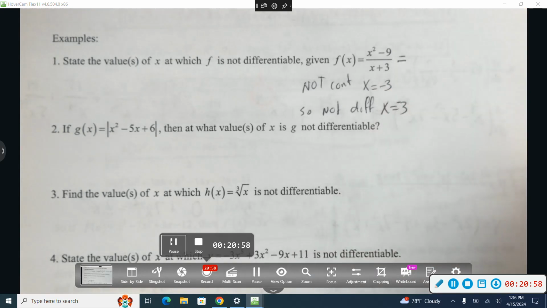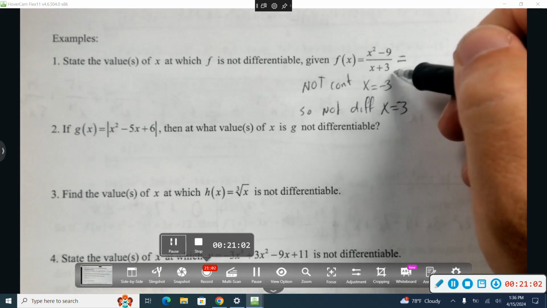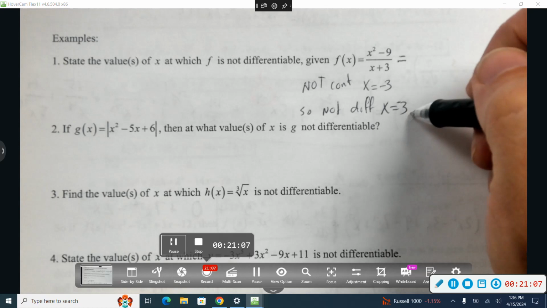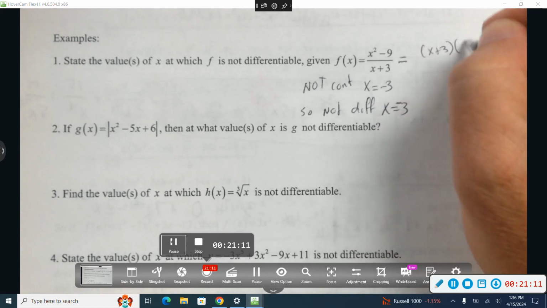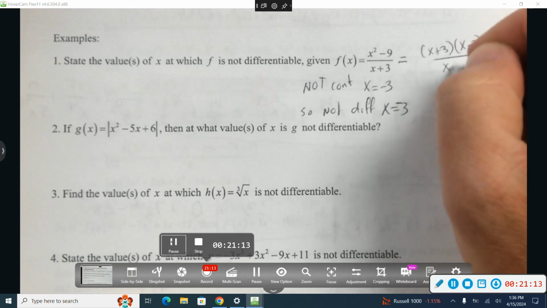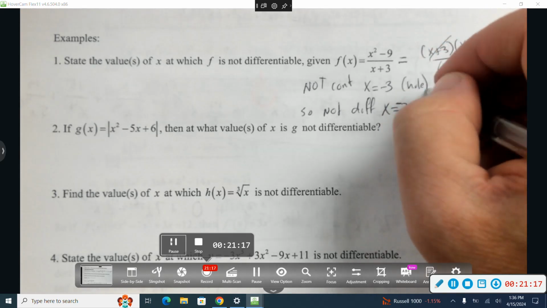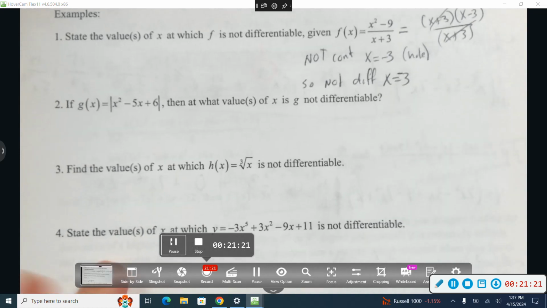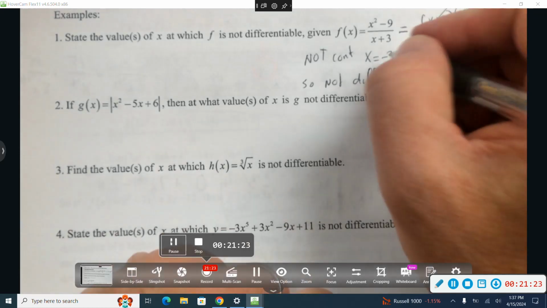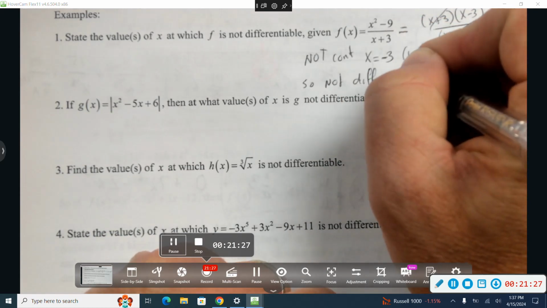But before I do that, I don't have to go any further. This thing is not continuous at -3 because it doesn't exist at -3, so there can't be a derivative at -3. Now, again, if we do a little more work, the x plus 3's will cancel, so we know there's a hole there. But I really didn't need to know that to know that there wasn't a derivative there. That's a -3, and that's a -3.